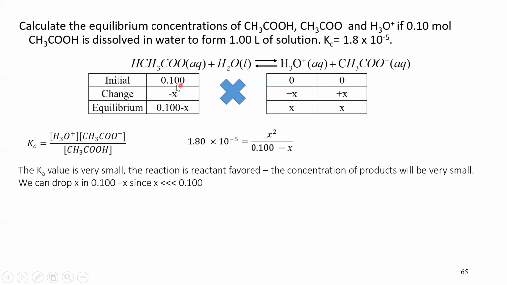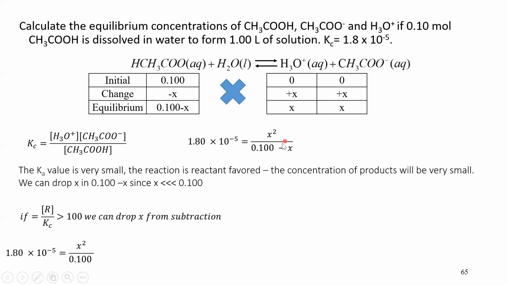It means that this X is essentially insignificant relative to the initial concentration. Such a small amount of this reactant actually reacts when we establish equilibrium that we can get rid of this X out of the equation. It's so reactant favored that we can do that. As long as X is super small, we're going to make the math significantly easier. We're going to say this X doesn't matter.